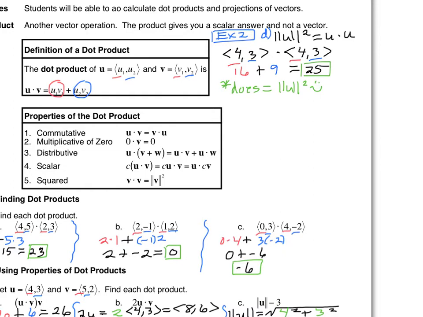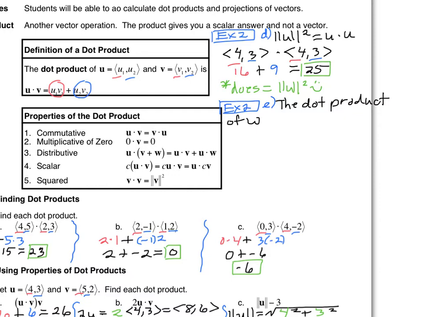All right, so then a little bit harder one. Example 2, letter E. So I want you to write the following. The dot product of W. I specifically chose W because we're not using the U or V from example 2.